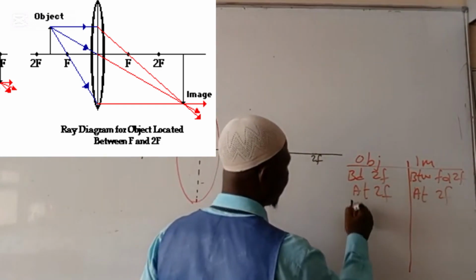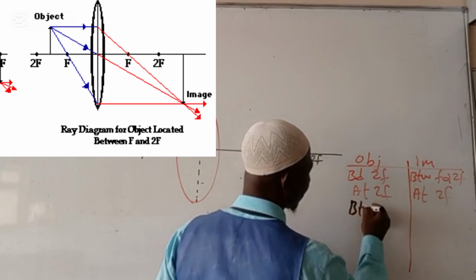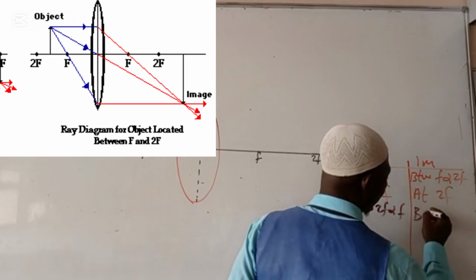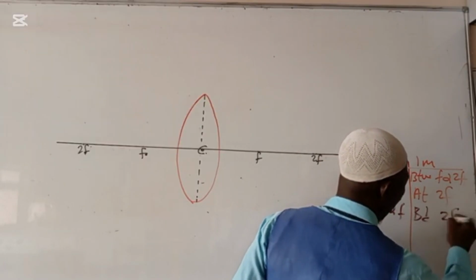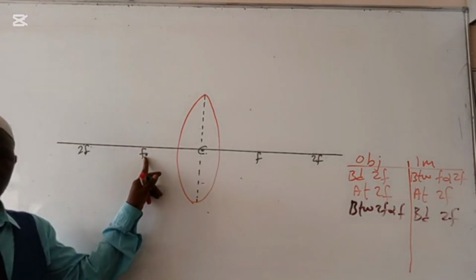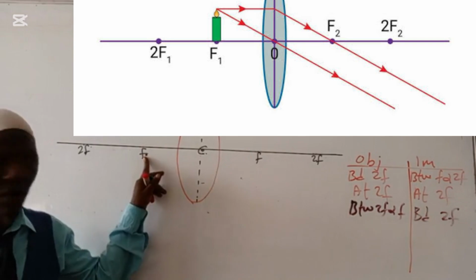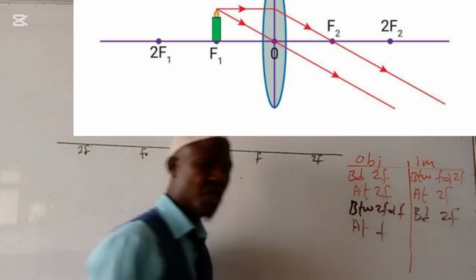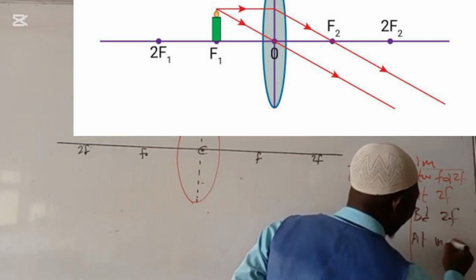So between 2F and F, the image forms beyond 2F. Then if you place your object at F, just like in the case of a curved mirror, your image will form at infinity.